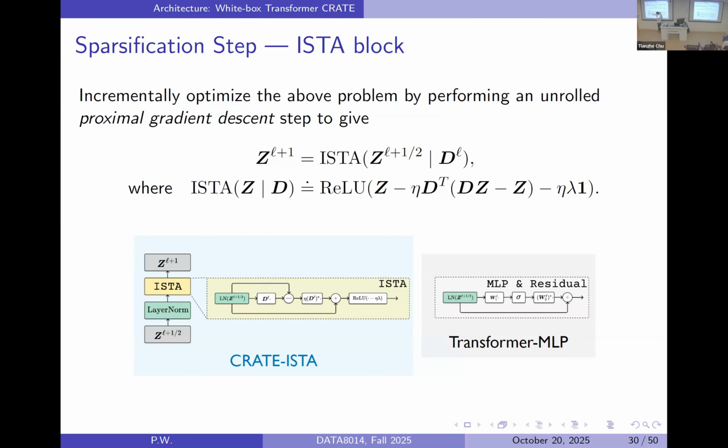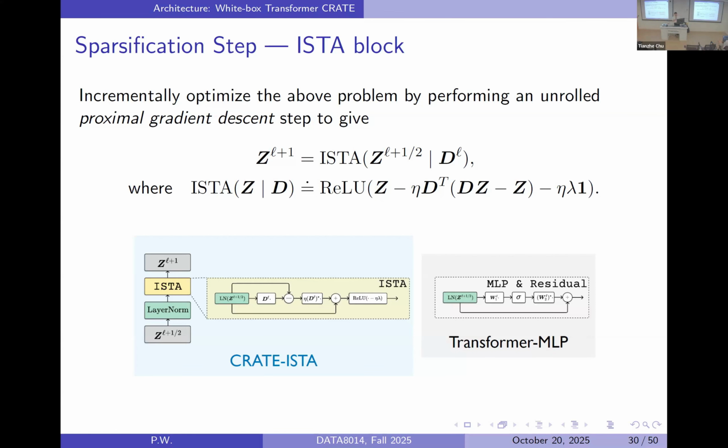First do layer normalization, then apply a D_L operator, and then minus this D transpose Z, and also do a ReLU operator and get the E star block. This is to mimic the MLP feed-forward layers in standard transformers.